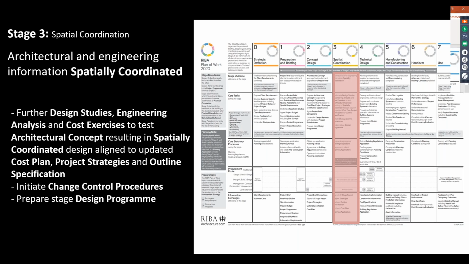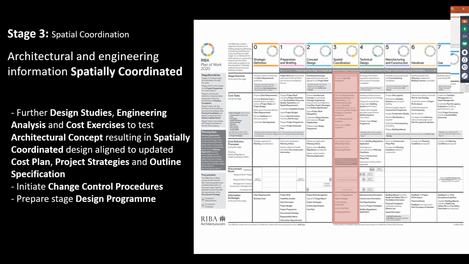The RIBA does recommend that stage 3 is completed before a planning application is prepared and submitted, but we do acknowledge that it is common practice for, let's say, the information to be pulled out of the stage 3 design process midway or towards the end of stage 3 in order to prepare a planning application.